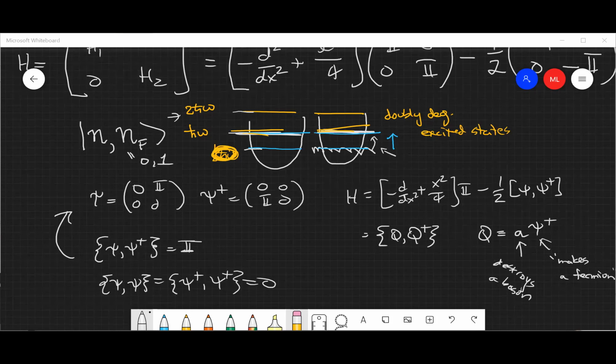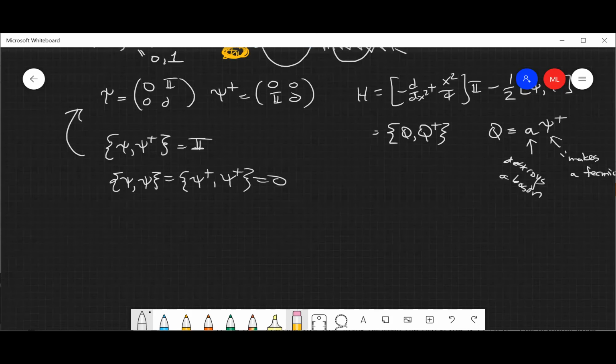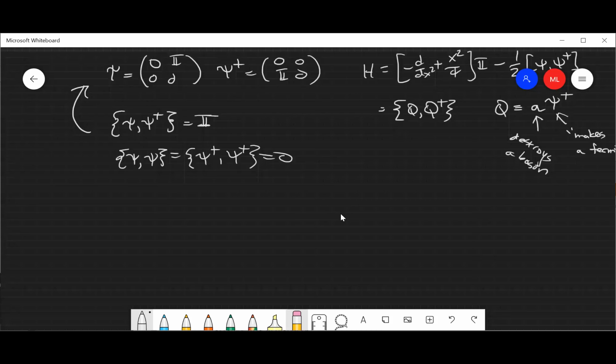Oh, by the way, this Q and Q dagger, I didn't really connect this to the QIs. So I should have said this. The number of QIs that you have is the N of your supersymmetry.